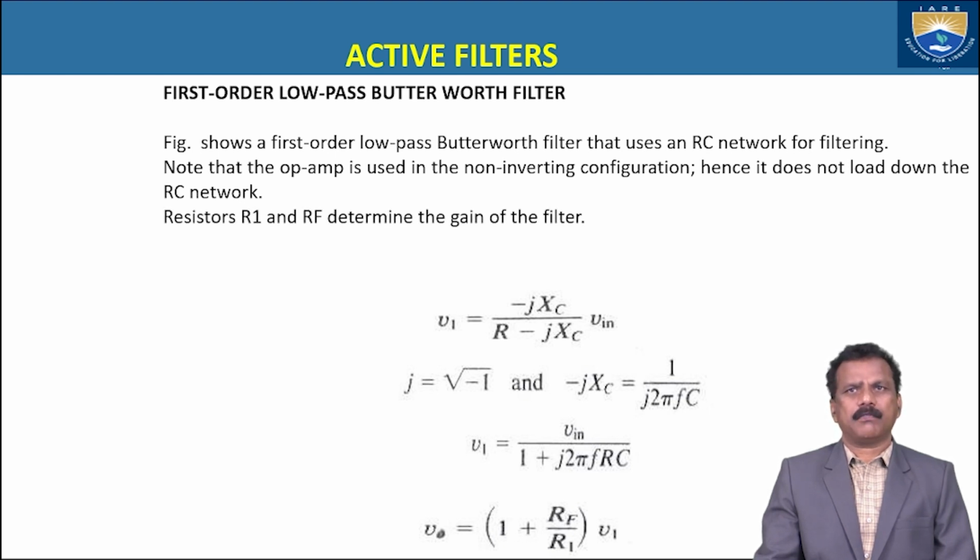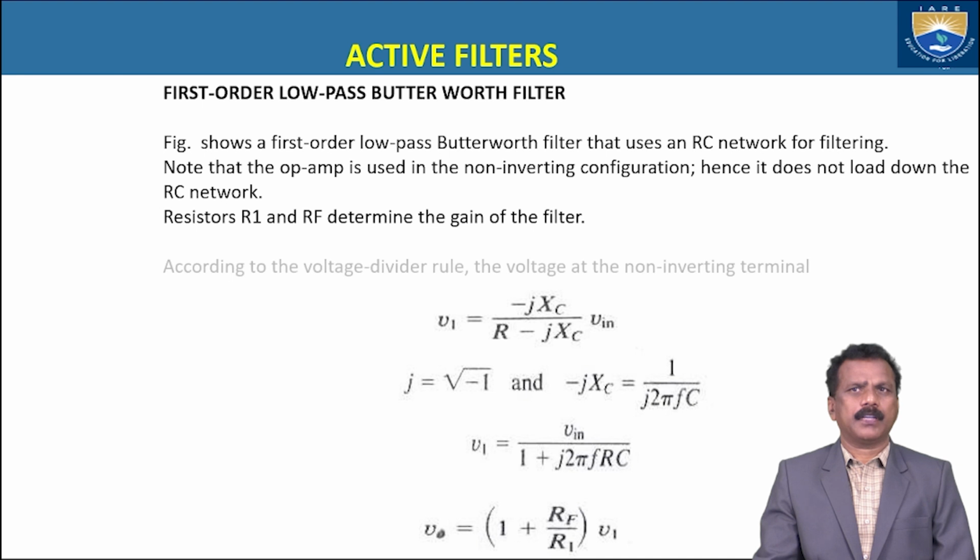Within this, resistors R1 and RF determine the gain of the filter.